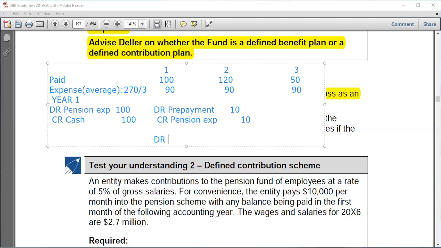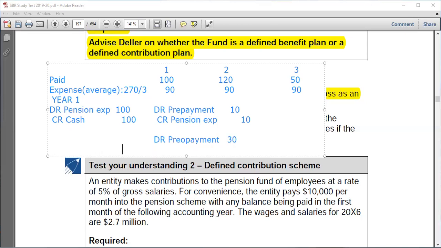So I would have to debit the prepayment again, prepayment by 30, and then the expense which is currently written as 120 has to drop down to 90. So I would have to credit the pension expense by the same figure, which is 30, right? Yes. So you have to do something like this.